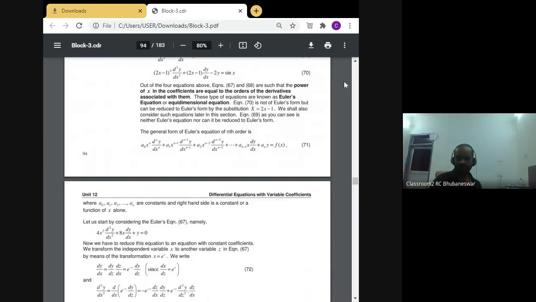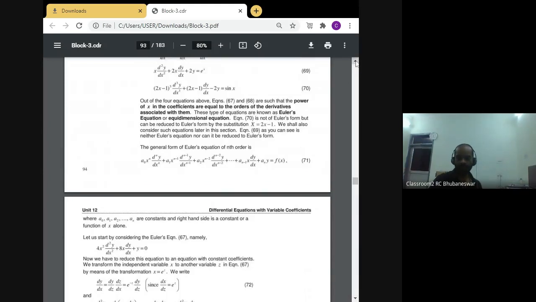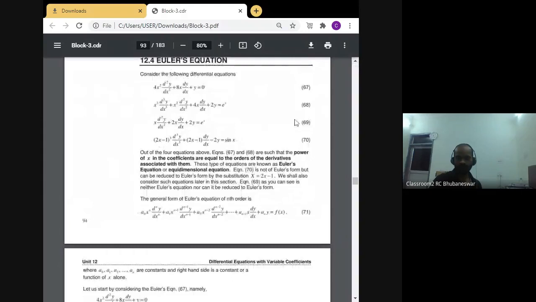And in these examples, one more equation, look at equation number 70. This equation number 70 is not in the perfect form of Euler differential equation, but it can be converted into the form of Euler differential equation by substituting capital X in place of 2x minus 1.